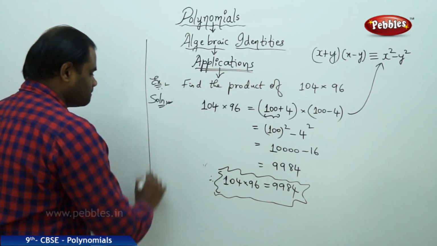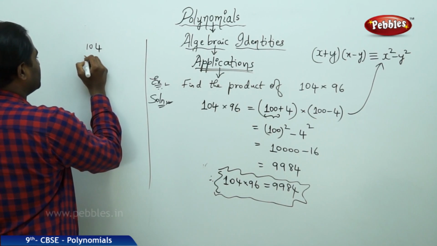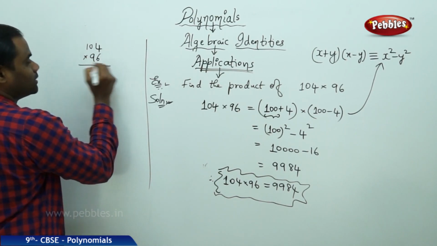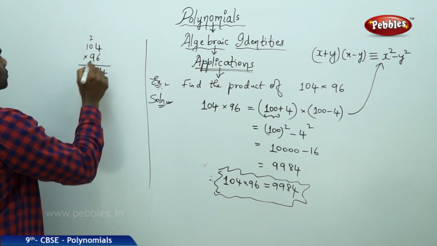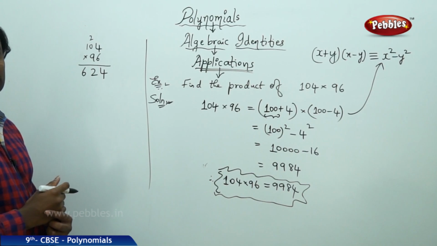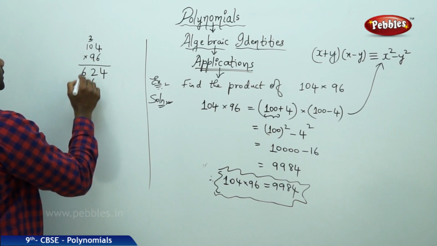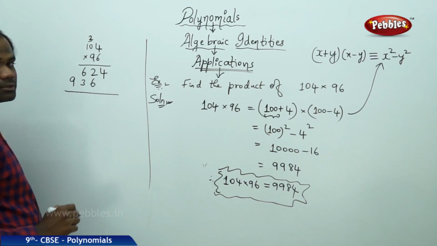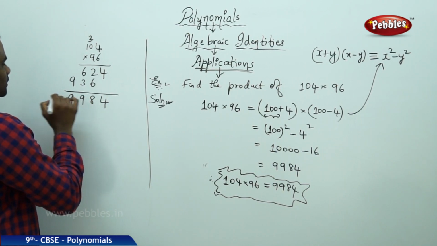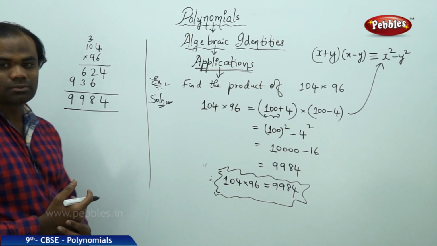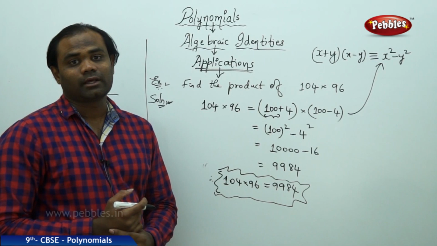As we clearly see here, when I multiply 104 with 96, I get 6 times 4, which is 24, and 6 ones, 6. Next, 9 fours, 36, 9, 3, and 9, which when added gives me 9984.